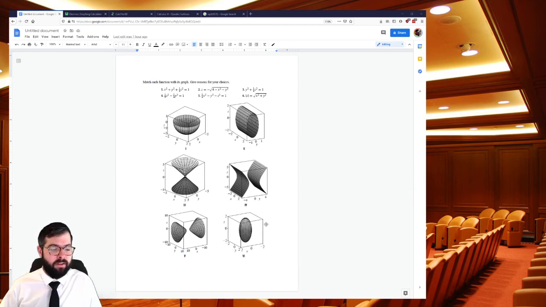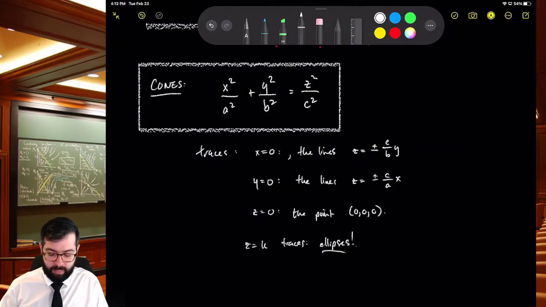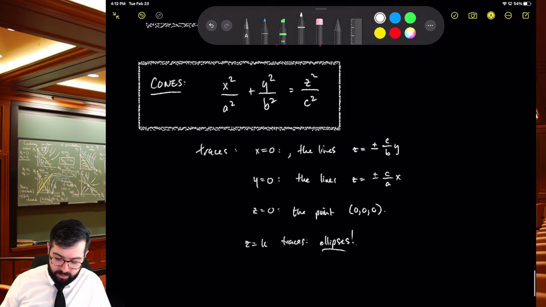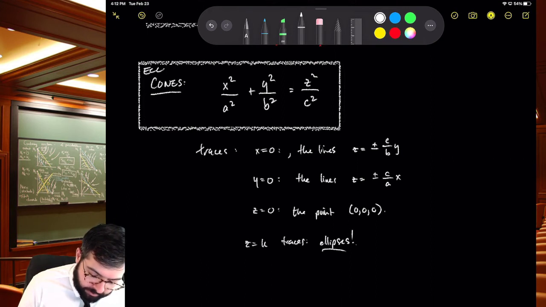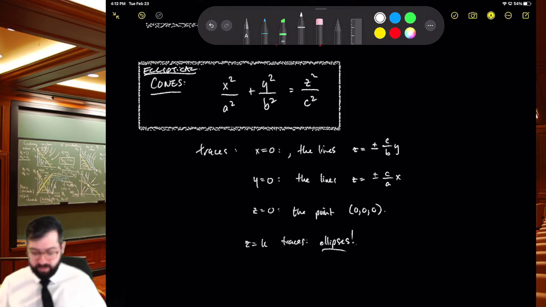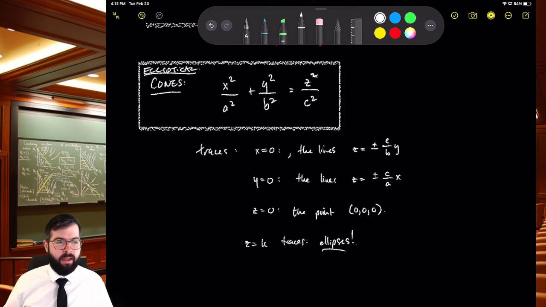All right, so let's pivot back here. Cones, or elliptical cones, have this general form: x squared over a squared plus y squared over b squared equals z squared over c squared.